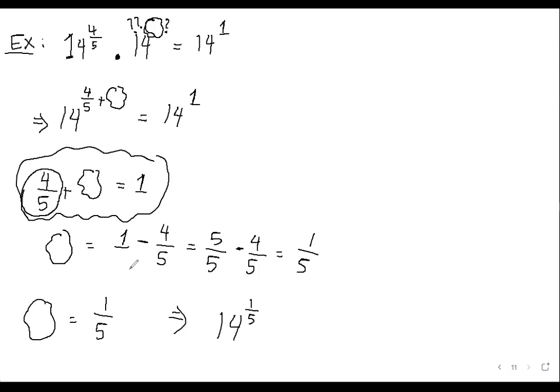I do cross multiply, or because I know 1 is the same as 5 over 5, now I have the same denominator 5. This means 5 minus 4 is 1 over 5. So this guy is 1 over 5. Any question?